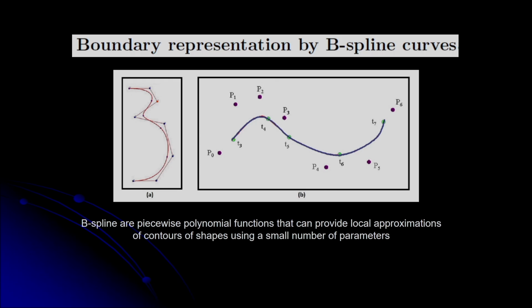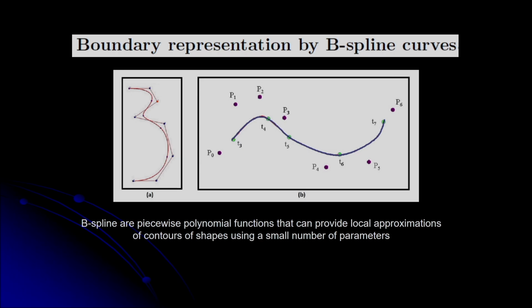The B-spline curves are piecewise polynomial functions that can provide a local approximation of contours of shapes using a small number of parameters. So the B-spline representation results in the compression of the boundary data.